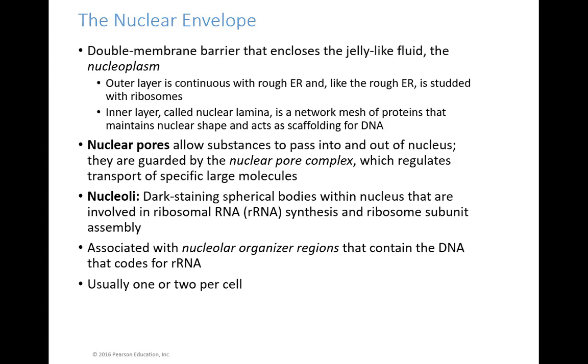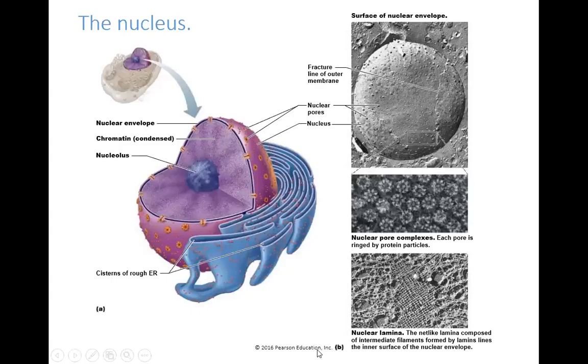And we have a nucleoplasm, which is the equivalent of the cytoplasm in here. So let's see. So there's our nucleus. The pores are continuous with the rough ER. You can see the nuclear pores here on this first picture. All those little dots are the nuclear pores on the surface of the nucleus. There's what they look like. Those are the little openings in there.